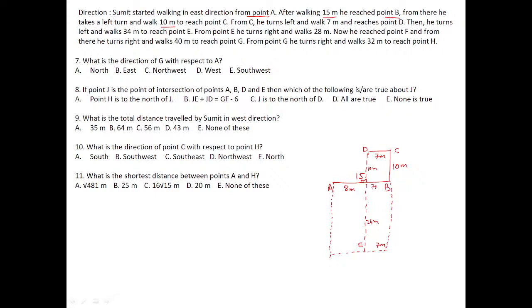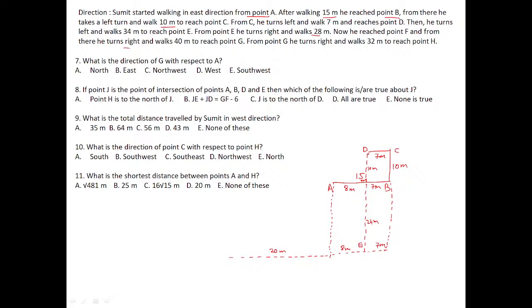So this is again 7 meter, this is 8 meter, so we have to move 20 here, 20 more meter. Supposedly this is 20 meter, right? Now here it is, walks 28 meter. Now he reached point F.